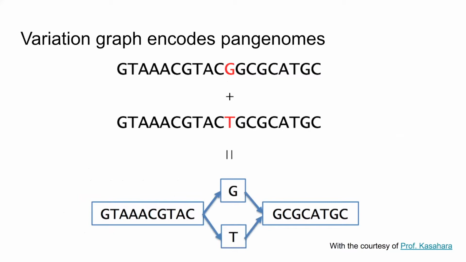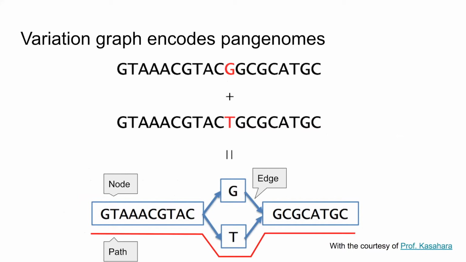Okay, a variation graph is a data structure that can encode multiple genomes as a graph structure. Say there are two genomes with one SNP in the middle of the genomes. When we convert this to a graph, the graph looks as follows. Here, common sequences are merged into one node, and variation is represented as branching of the graph.